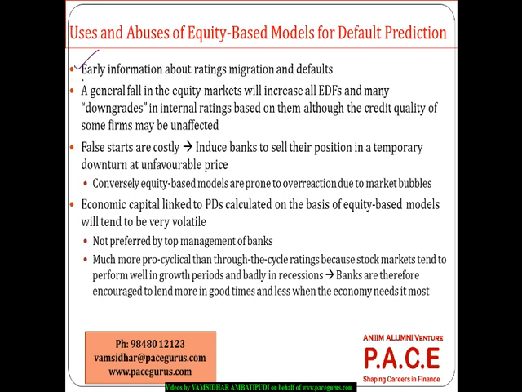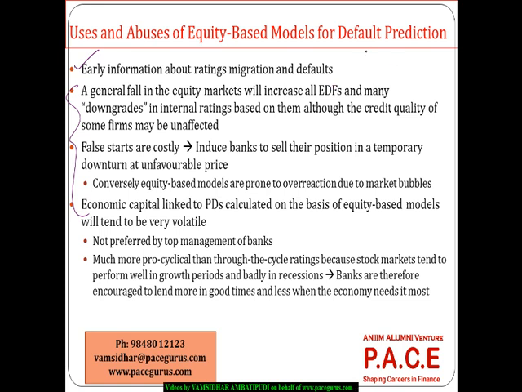When is it shifting from one state to the other? So there could be early information because the equity prices change daily. Lot of things change on a regular basis. But at the same time, some negative thing comes out. Let's assume that the equity markets are falling. What will happen if the equity markets are falling?